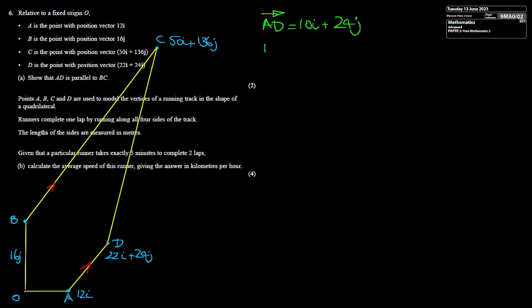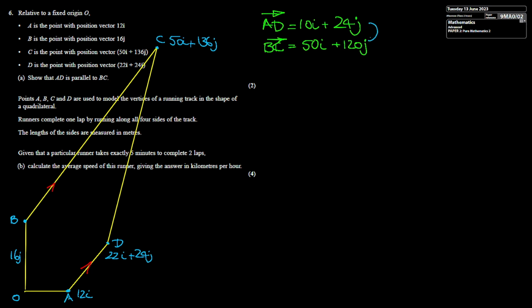Now the journey from B up to C. In i terms, we've gone along from 0 up to 50, so we've gained 50i. And in height terms, we've gone up from 16 to 136, so we've gained 120j.